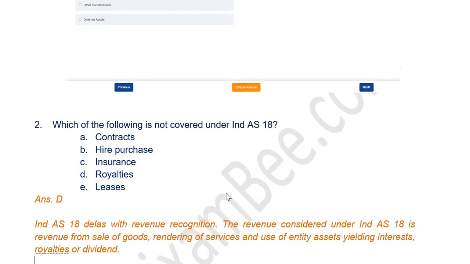Next question related to what Ind AS 18 relates to. Our syllabus mentioned actually just accounting standards. It has been silent about whether we are talking about the accounting standards AS or Ind AS.